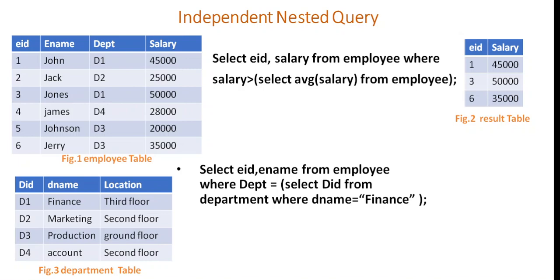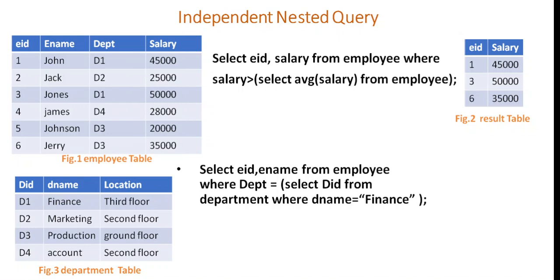When we want to display data for employees working in the finance department, first we find the department ID that belongs to the finance department. First we need to decide which ID is the ID of the finance department.